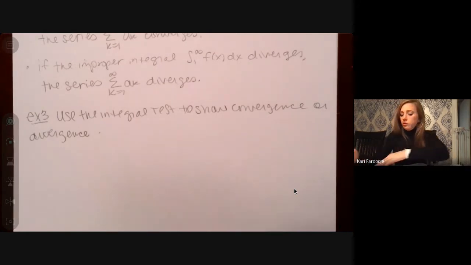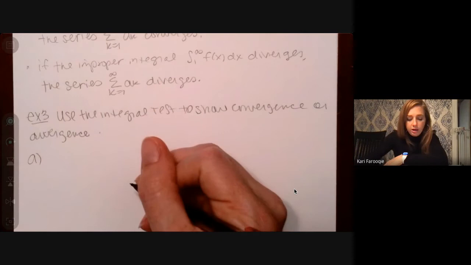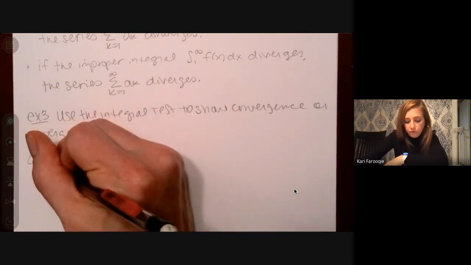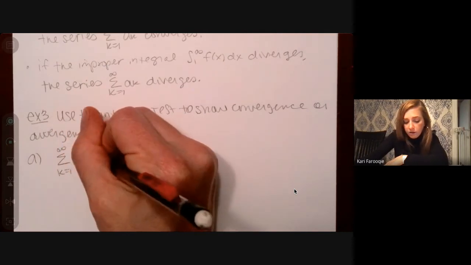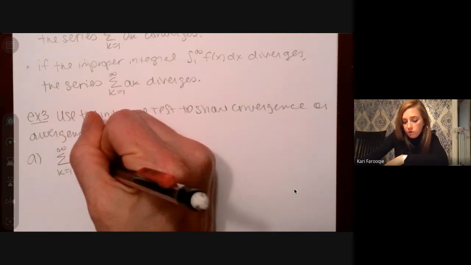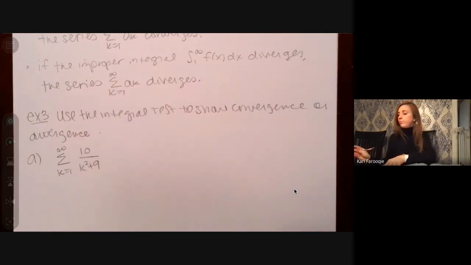Okay, so the first one I want to look at, we'll call it A, is the series from k equals 1 to infinity of 10 divided by k squared plus 9. Now, since we're using the integral test, the first thing you're going to do is show me the conditions have been met so that you know you can use the test.